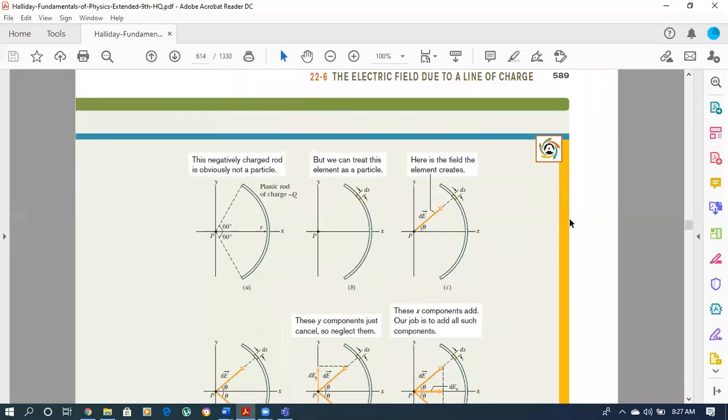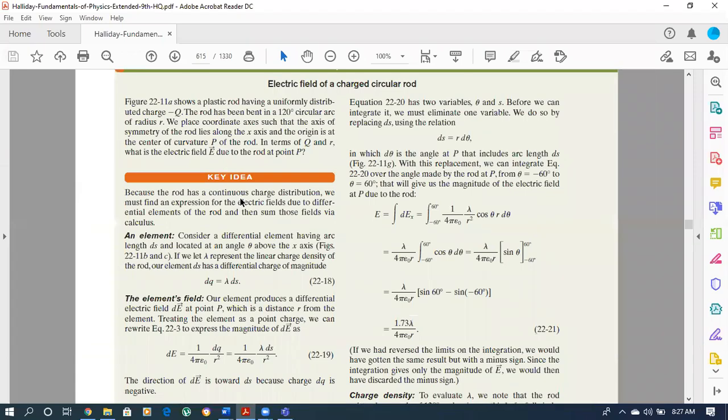Now you are given, instead of the complete ring, some arc length. How to solve this? Find the electric field due to this arc instead of the complete ring.